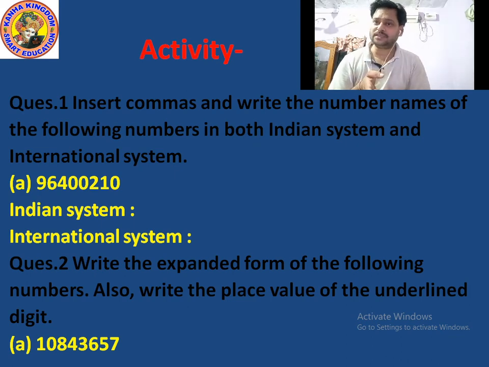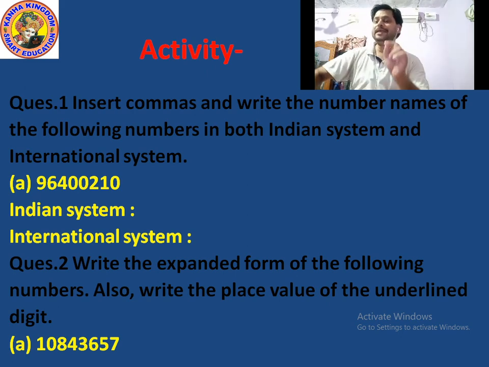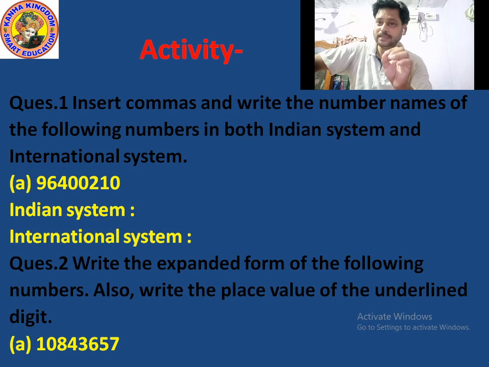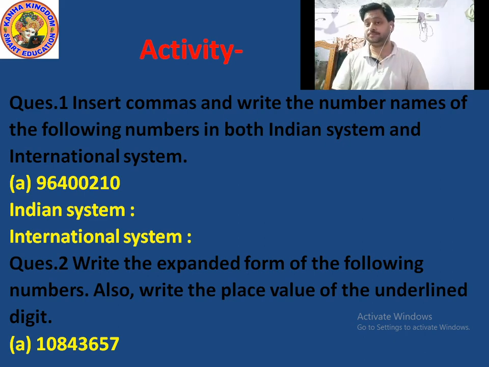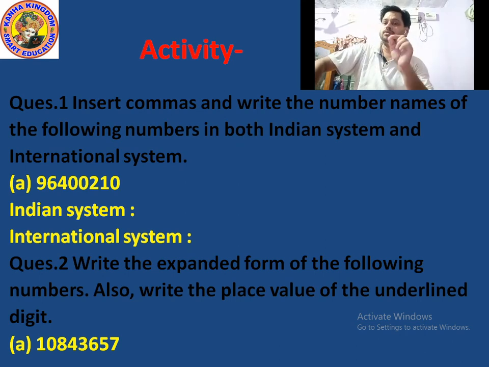And just after the second comma, which period? Yes, you know which period. I will just give the hint, lakhs period. And just after the second comma, which place value is there? You also know that. So what is the place value of 8? Now you understand? I will not tell the answer because this is the activity part and you have to do this activity on your own.